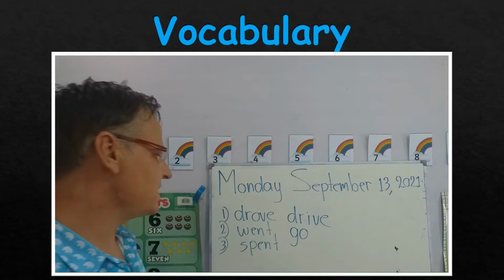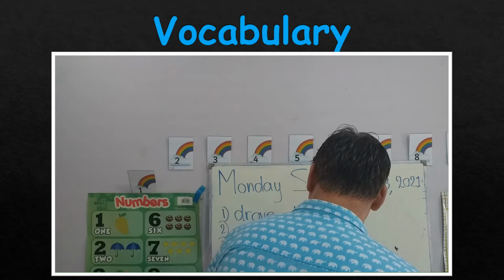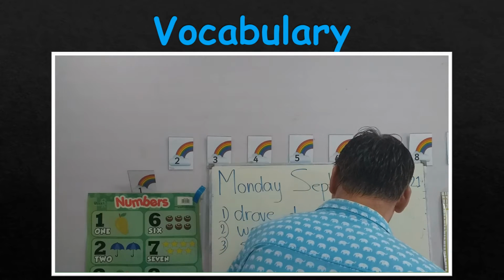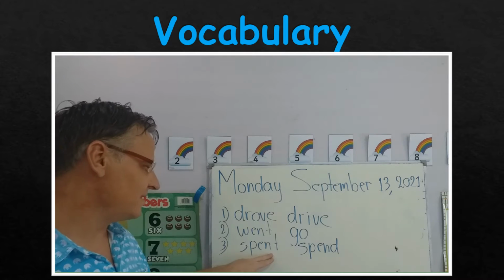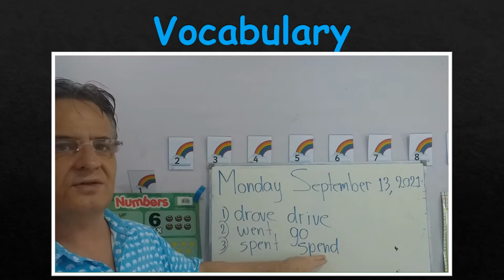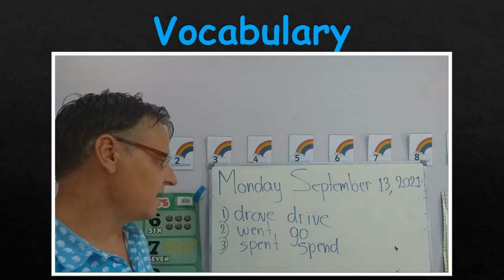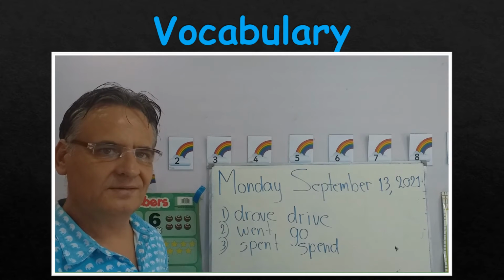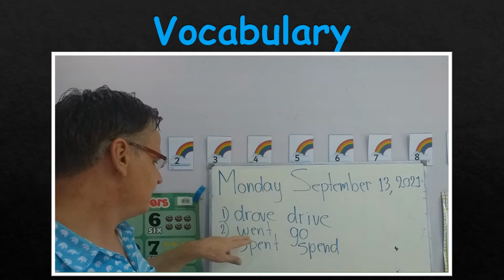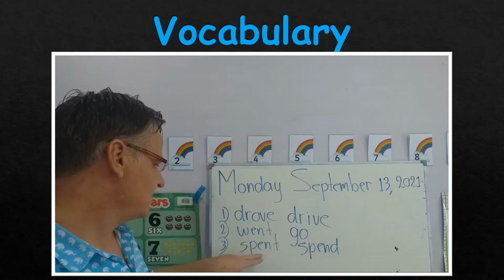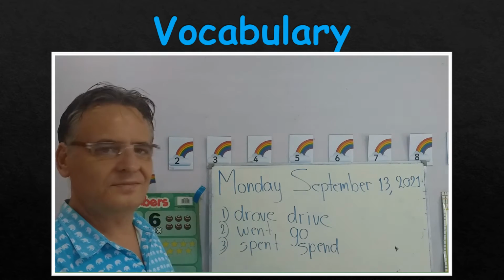It's almost the same, only not with a T, but with a D. So, yesterday I spent my money. Today I spend my money. And I am spending my money. Okay? So one more time. Drove, drive. Went, go. Spent, spend.